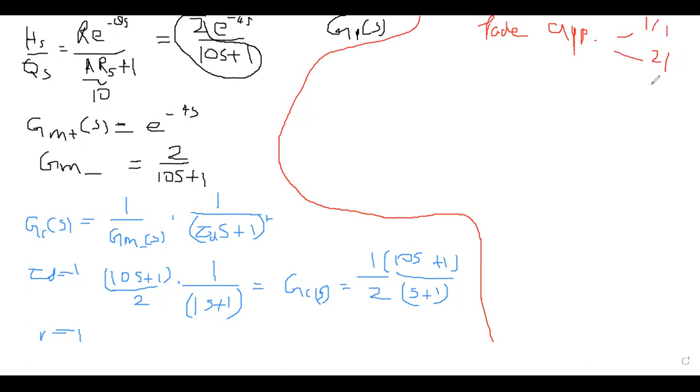So for the one-to-one pade approximation, if you have e to the power minus theta s, you can write this as 1 minus theta over 2s divided by 1 plus theta over 2s, right?